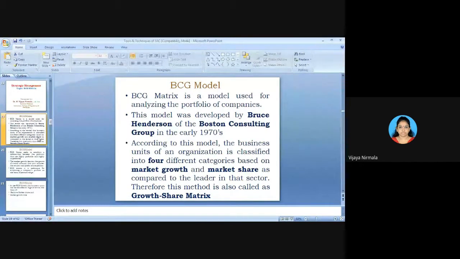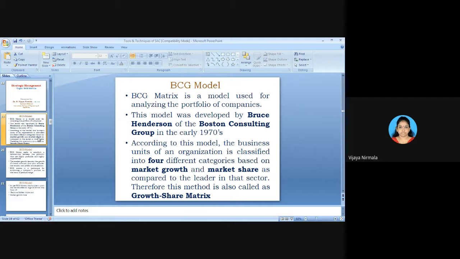According to this model, the business units of the organization are classified into 4 different categories. In Porter's five forces model it was classified into 5 components; in the same way, this BCG matrix is classified.